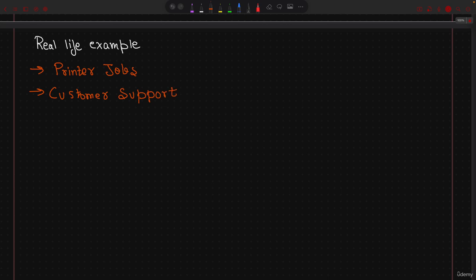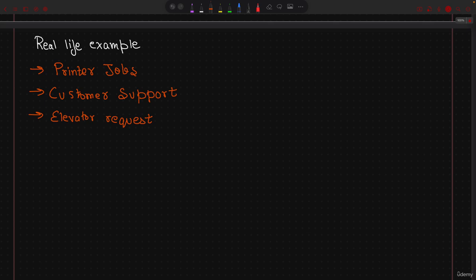So these are all the examples along with the examples which we have seen, right? We have already seen the examples of a line at a bank, as well as the toll booth. Then the next one can be elevator requests. The way you request for the elevator is what is served first, right?